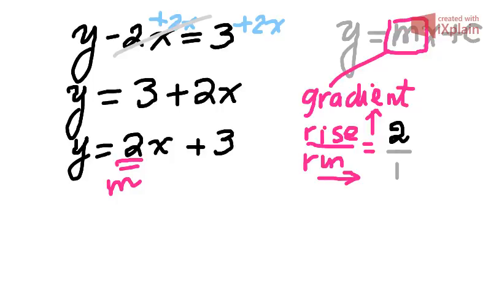So that number on the bottom will have to be an invisible 1, but we need to make it really clear. So we know we are going to go 2 units up because it's positive. If we had negative 2, we'd go 2 units down. And we're going to go across to the right 1 unit, again because it's positive. If we had a negative number, we would go to the left.